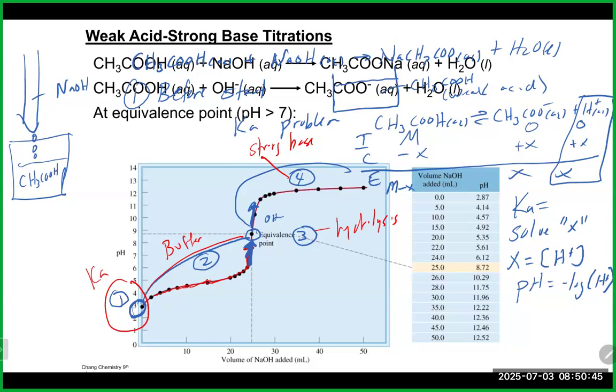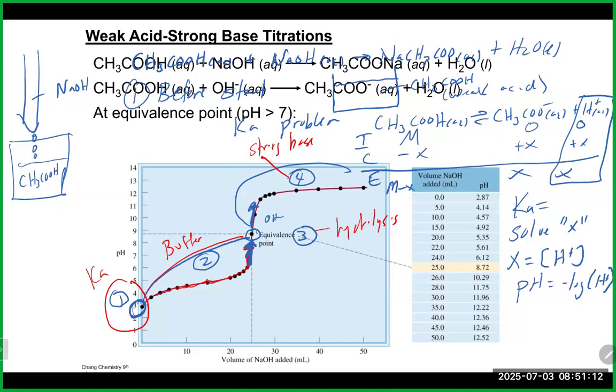So this is what I was talking about earlier, that if you understand from the very beginning where you are in the titration curve, you should know, hey, I should be doing a buffer calculation at some point, or maybe I should be doing a hydrolysis calculation, before you even get into it. And again, as I mentioned before, sometimes that's much easier than trying to figure it out as you're going through it. Any questions on that there?